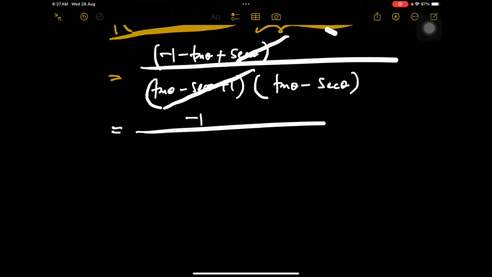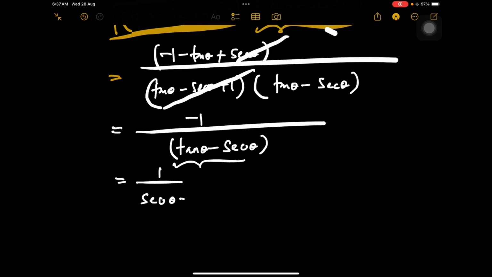Because the top and the bottom are the negatives of each other, so you put the -1 up and cancel all those things, because the same thing on the top and the bottom you can cancel. So -1 means you can change the place of this the other way around. So 1 over sec theta minus tan theta. So this is RHS proved.